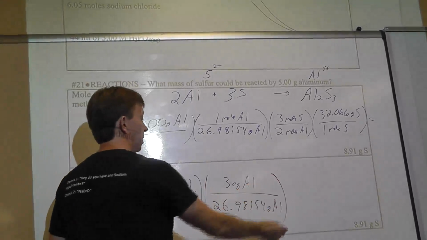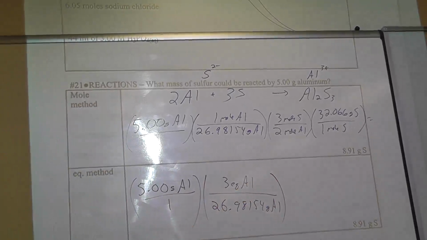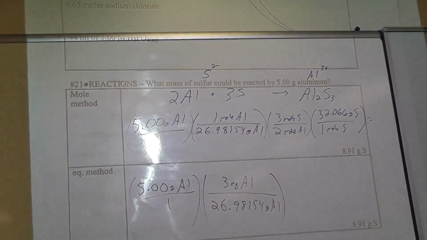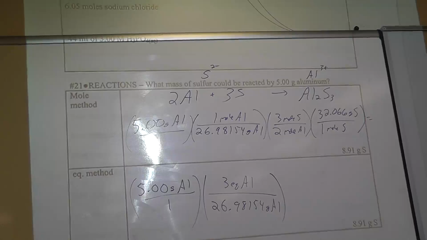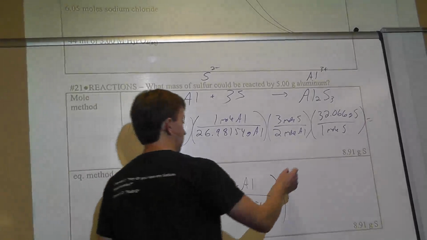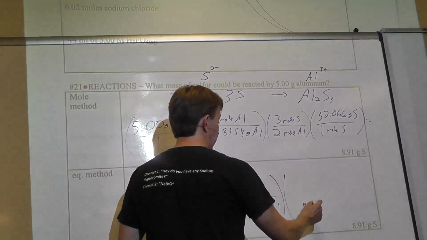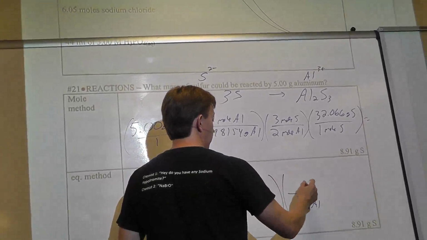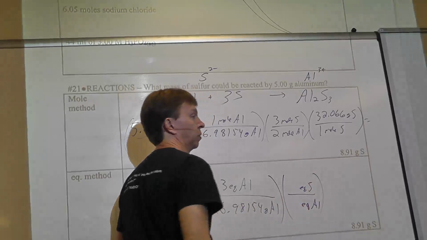This is your equivalent weight term. 1 mole of aluminum weighs that many grams and carries that much charge. All of that's straight off the chart. And then here's the key part. This is where we want to relate equivalence of aluminum to equivalence of sulfur.